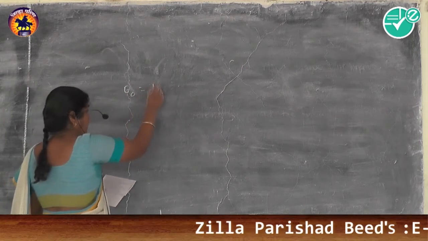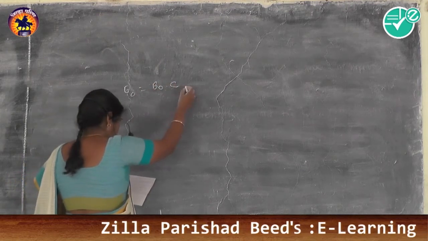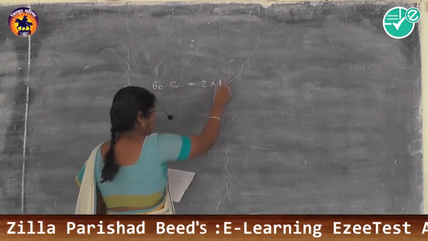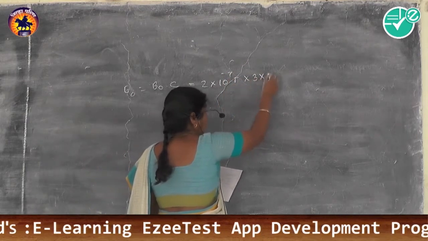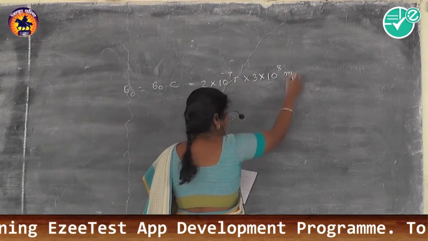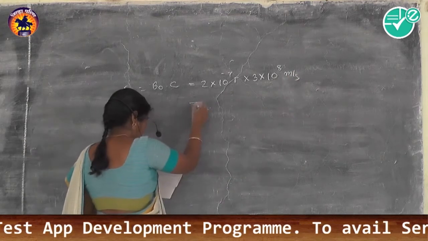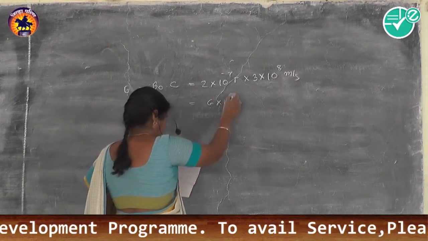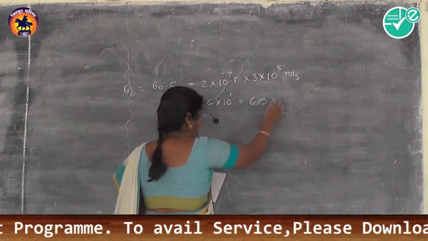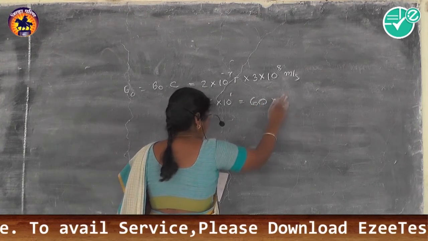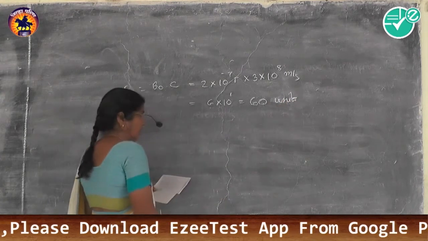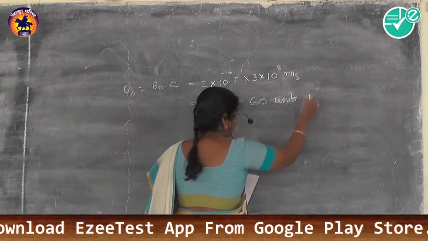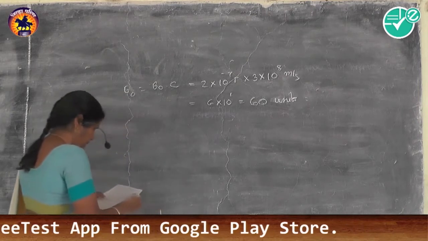E0 is given by B0 into C, so that is equal to 2 × 10^-7 Tesla into 3 × 10^8 meter per second. So this comes as 6 × 10^1 or 60 units, or it is known as 60 units Newton per Coulomb.